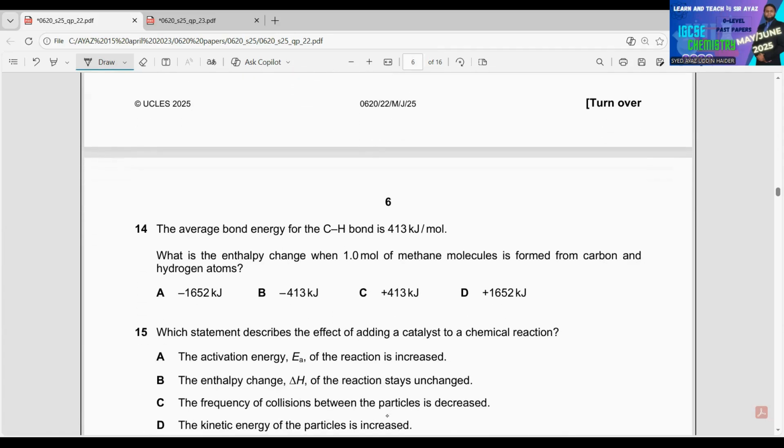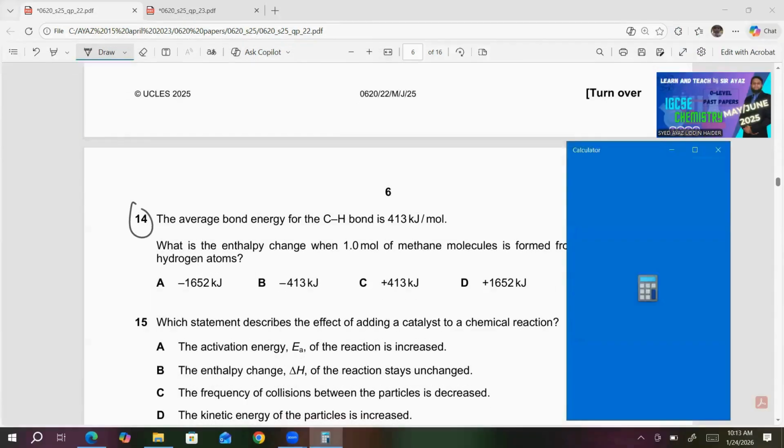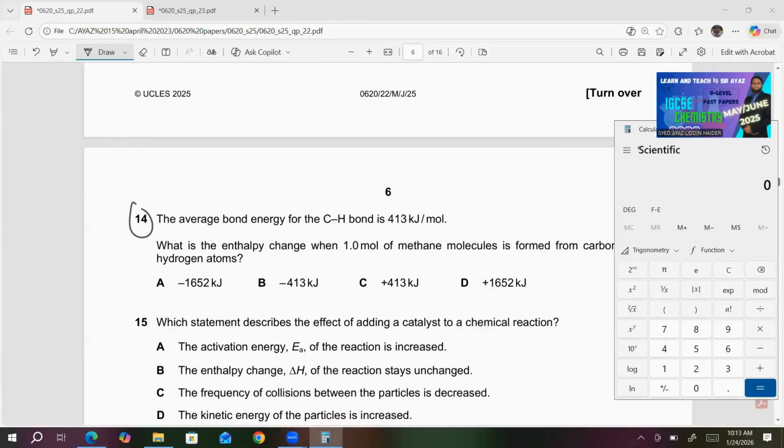14. The average bond energy for the CH bond is 413 kilojoules per mole. What is the enthalpy change when 1 mole of methane molecules is formed from carbon and hydrogen atoms? Okay, so the formula for methane is CH4. I'm drawing the display formula.